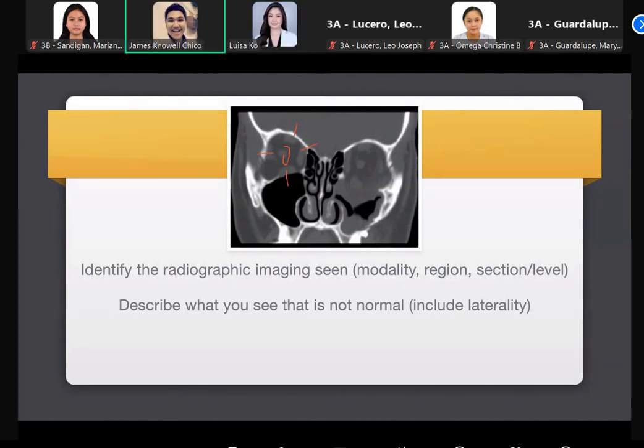Yeah, in the maxillary sinus, there's loss in the aeration, no? So why do you think there's something in the maxillary sinus? What is different in one side of the face versus the other?